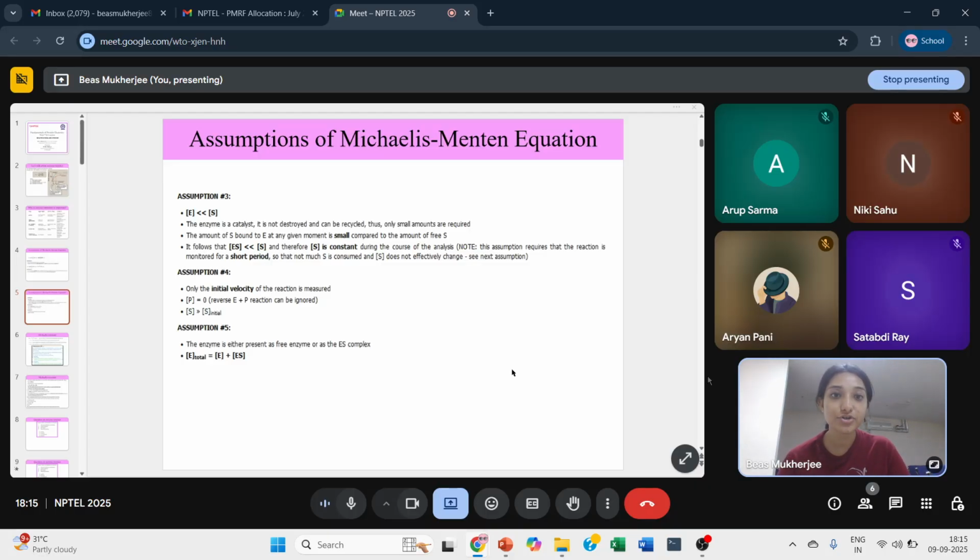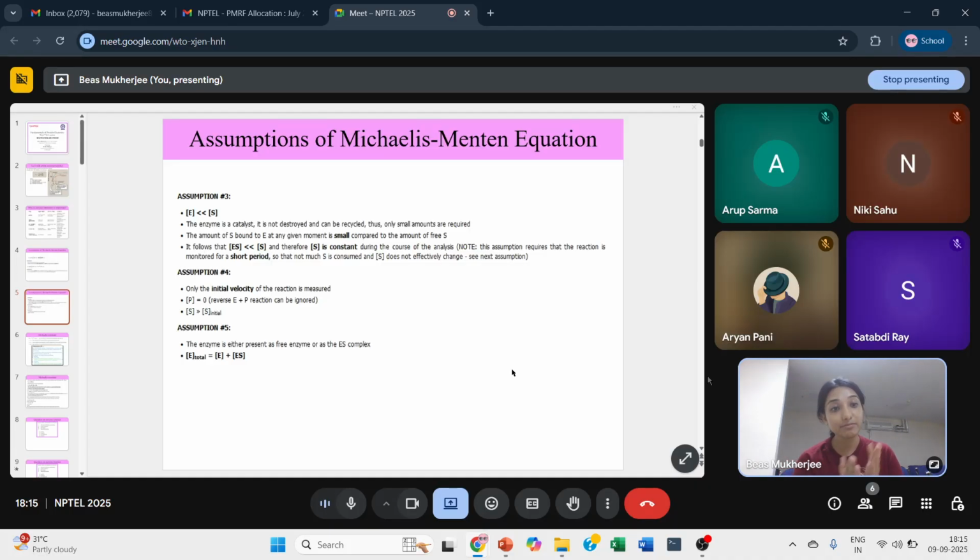Note, this assumption requires that the reaction is monitored for a very short period, because over time, of course, the amount of substrate will eventually decrease, and then this will not hold true. So not much substrate is consumed, and the concentration of the free substrate does not effectively change. That is also an assumption, because your equation depends upon the concentration of the substrate.